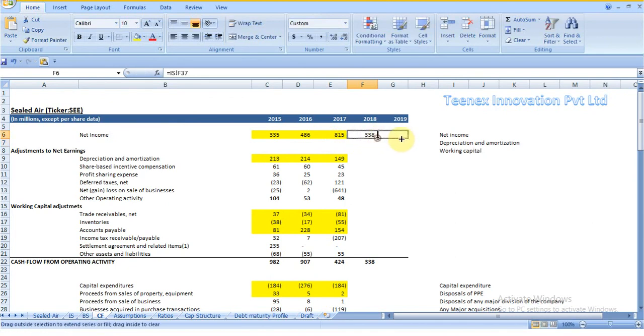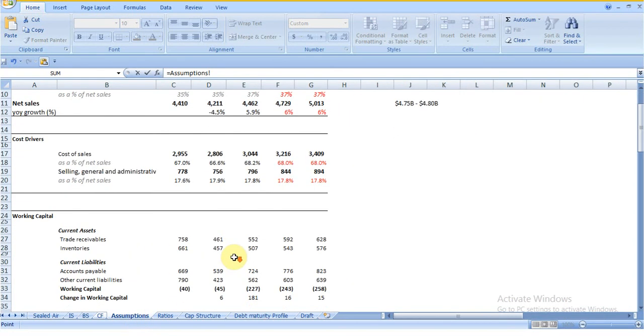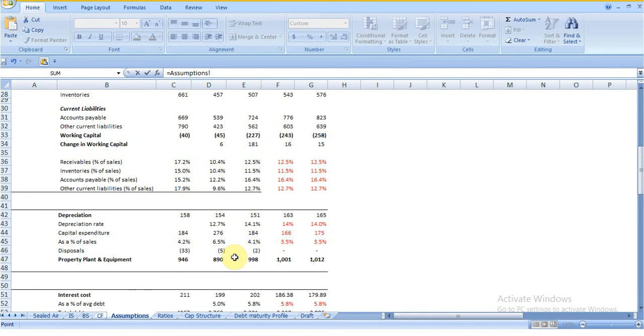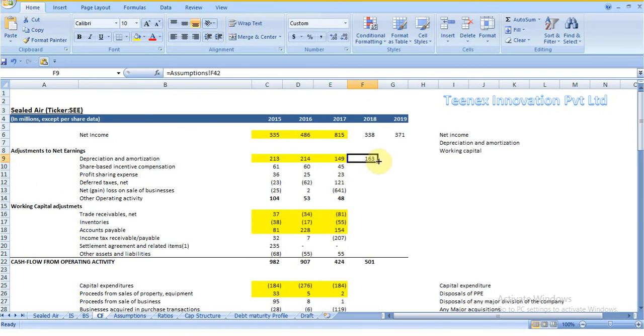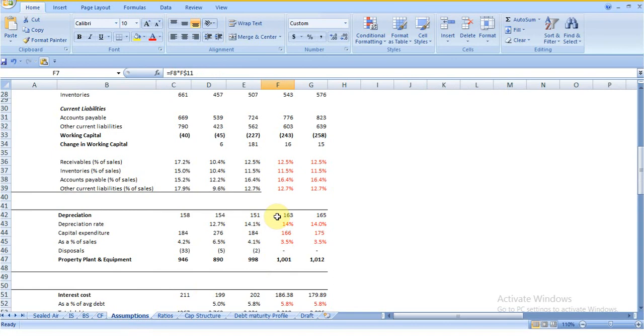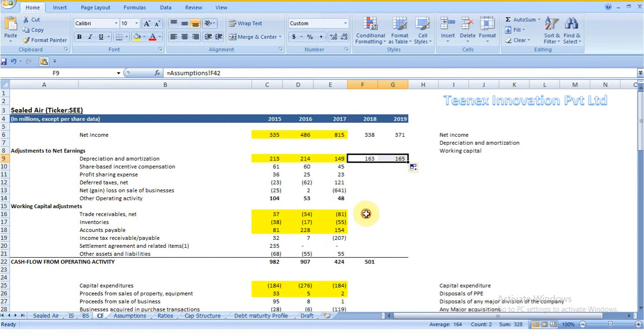Similarly, depreciation and amortization we have forecasted in our assumption tab. We will link it here with the assumptions, and I'll cross-check it. I just need to be a little careful while making all this linking so that everything is correct and ultimately our balance sheet matches. Now, this is the change in working capital.